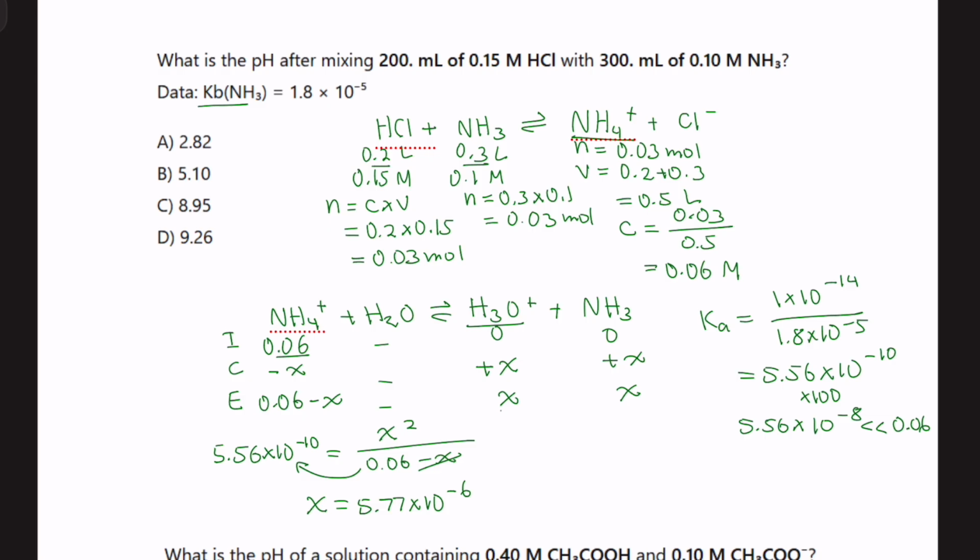And we know that x is our equilibrium concentration of hydronium. We can use x to find the pH, so the pH is just going to be negative log of x, which will give you 5.24, which is the closest to this number. This is actually the correct answer. The options were just slightly off.